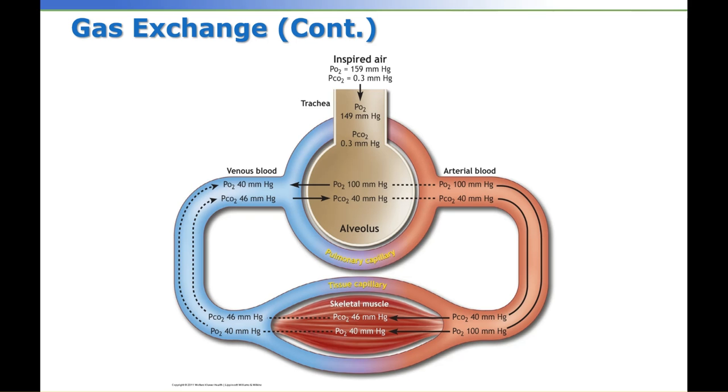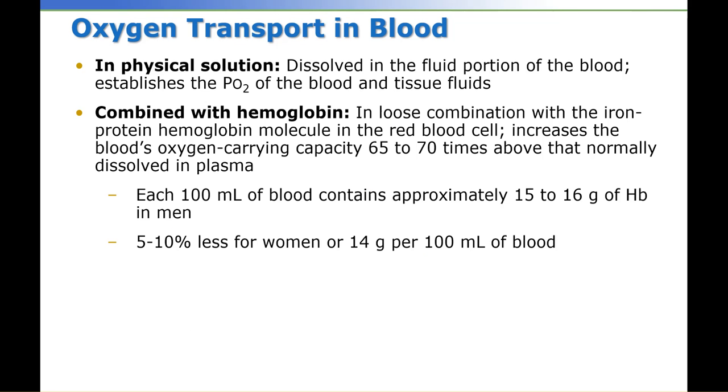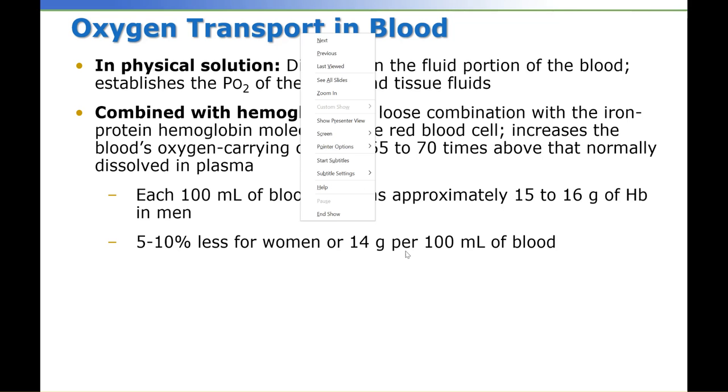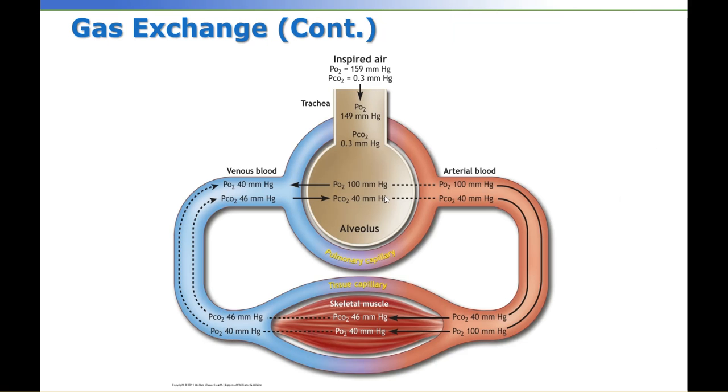It changes, and you have then a higher pressure of CO2, carbon dioxide, 46, and then lower at 40 millimeters of mercury for oxygen. Going to the venous blood, back to the pulmonary capillary, the trachea breathes out that carbon dioxide. And where that happens is in the alveoli, and the alveoli are the sacs in the lungs.